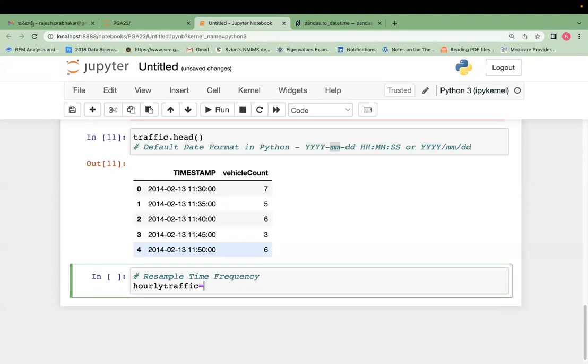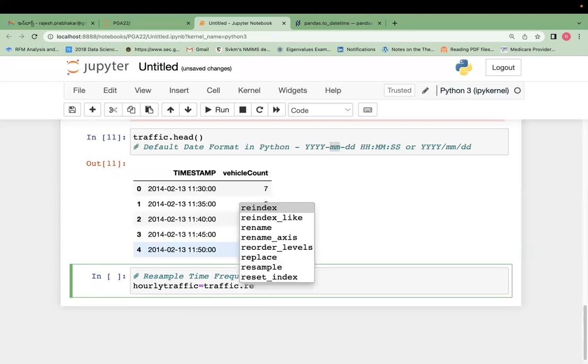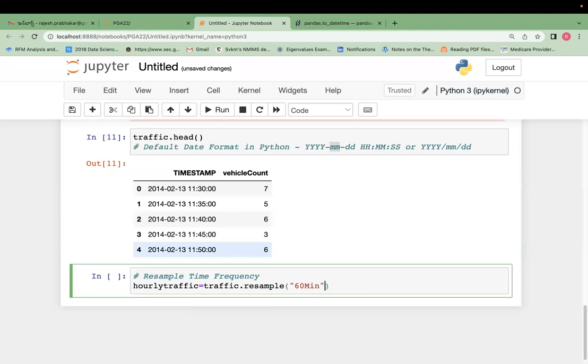Hourly traffic is equal to traffic dot resample, 60min. 60min means one hour, on is equal to timestamp, dot sum.